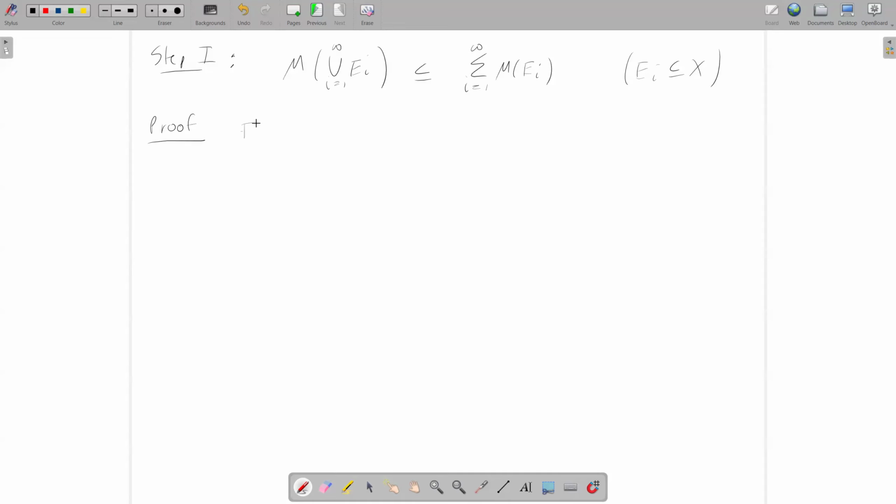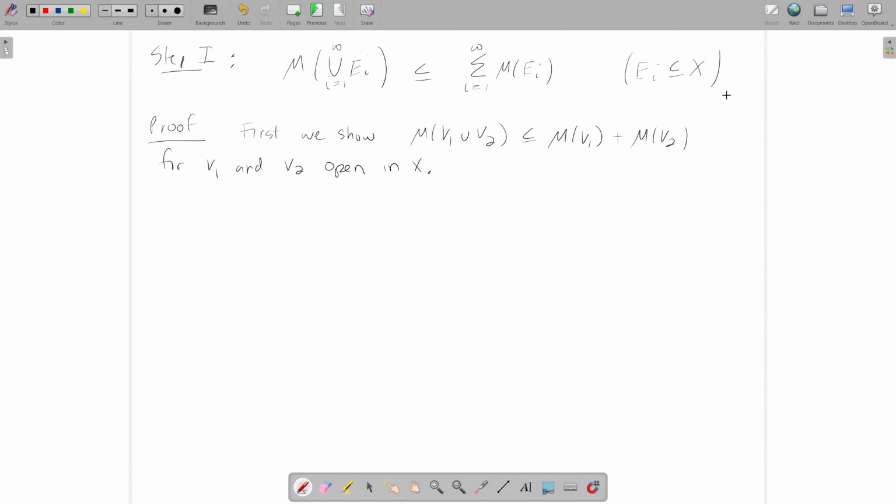First, we show that mu of V1 union V2 is less than or equal to mu of V1 plus mu of V2 for V1 and V2 open in X. We want to end up getting this for a countable number of arbitrary subsets, but we're going to start with proving that it's true for two open subsets.